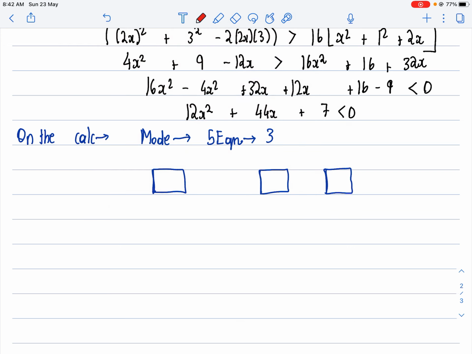In the first coefficient box, put 12, which is the coefficient of x square. Then put 44, which is the coefficient of x. And then put 7, which is the constant.